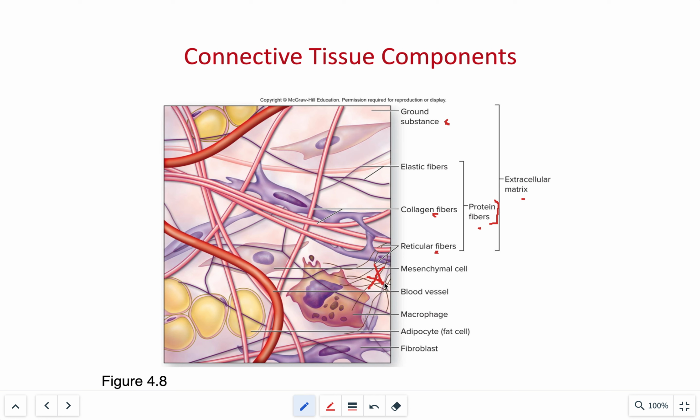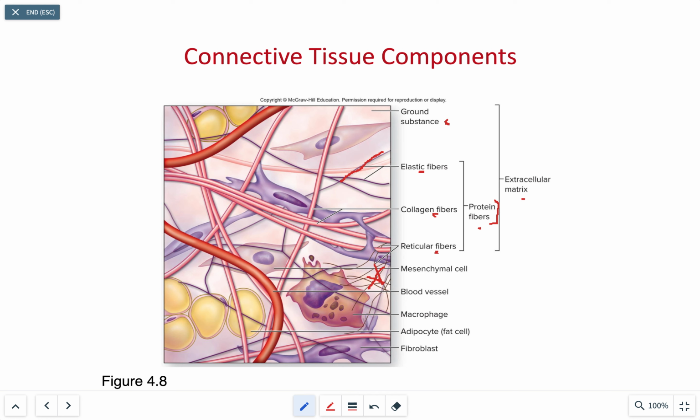This interwoven network stabilizes the position of some of the functioning cells, such as a macrophage or an adipocyte, and it resists forces from many directions. And finally, we have the elastic fibers up here. They're shown as a darker shade and a little bit thicker, and they have a little more flexibility and resiliency.